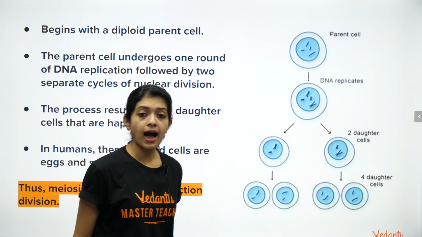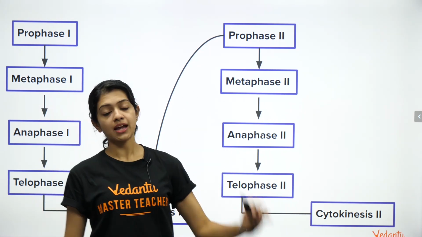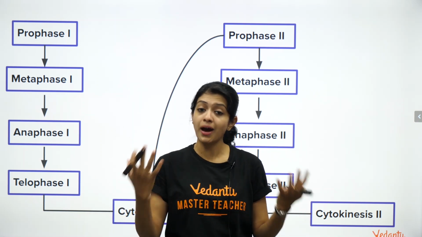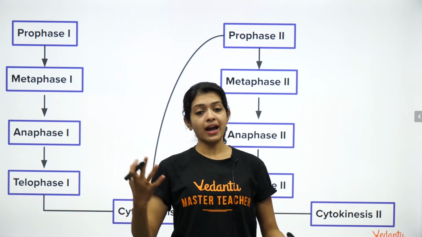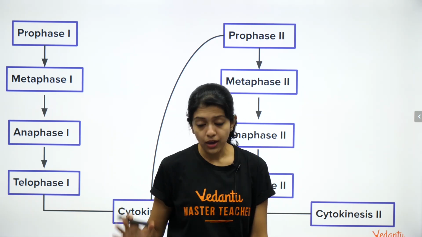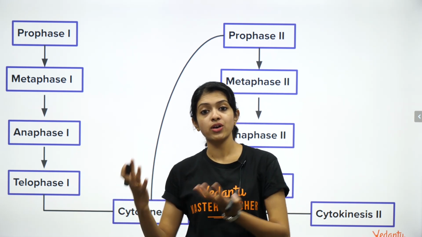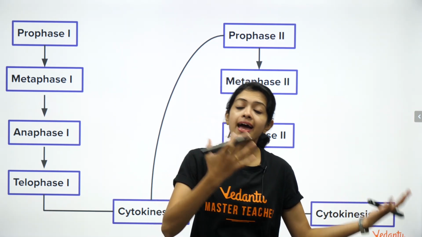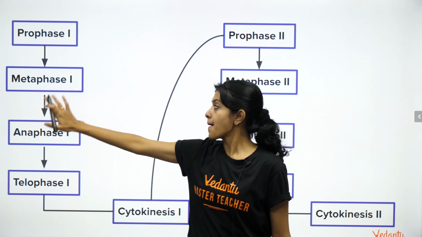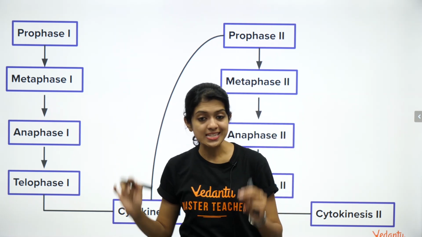Okay, now what are the specific stages that happen in meiosis? I have listed out the names of all the stages right here. For the ease of understanding the stages of meiosis, the stages have been divided into meiosis 1 and meiosis 2. Okay, that's how everyone studies it. Meiosis 1 and meiosis 2, each individually has its own prophase, metaphase, anaphase, telophase and cytokinesis, which is why we write it this way: prophase 1, metaphase 1, anaphase 1, telophase 1, all of which are part of meiosis 1.